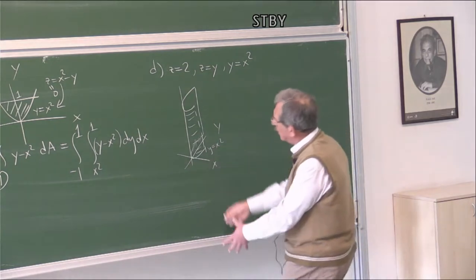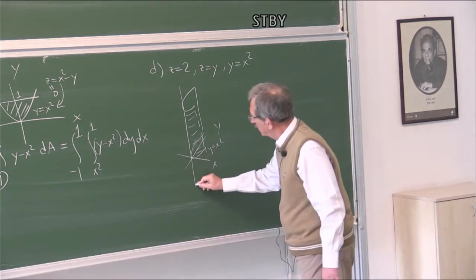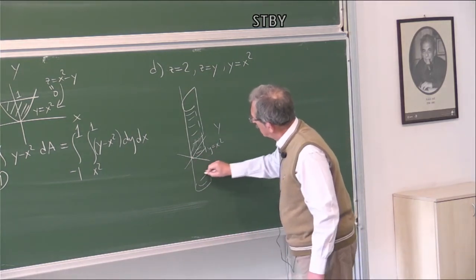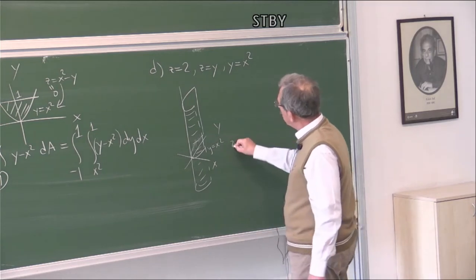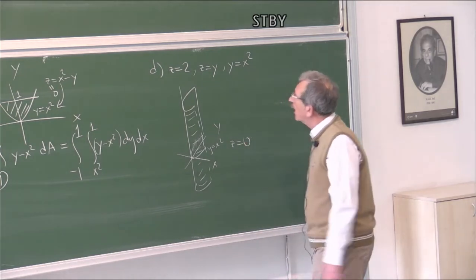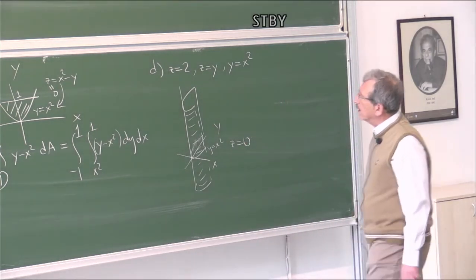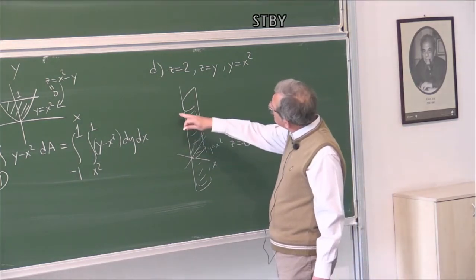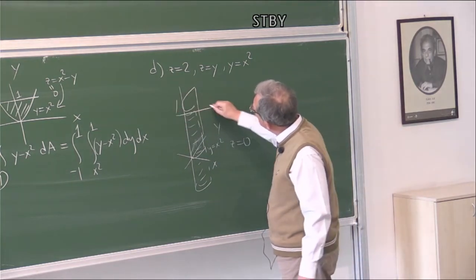And it goes down as well. This is the level z is 0. Now, we bound this with z equal to 2 from the top.